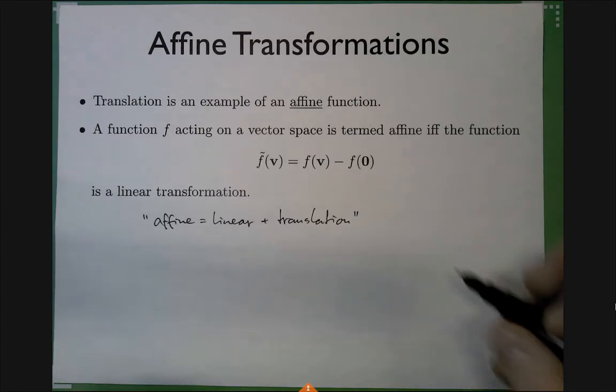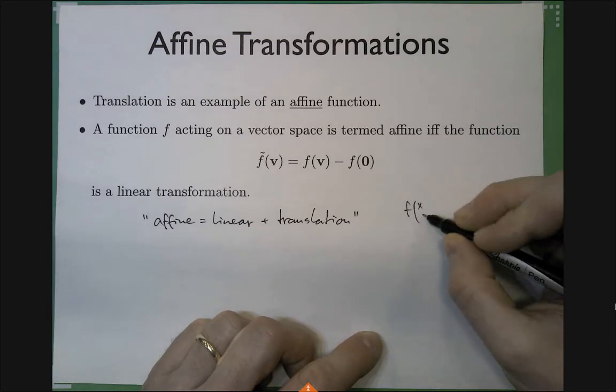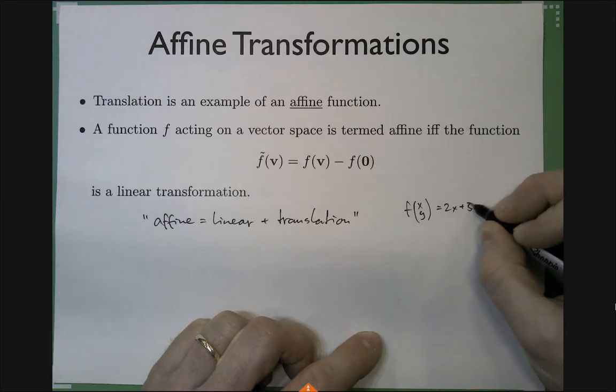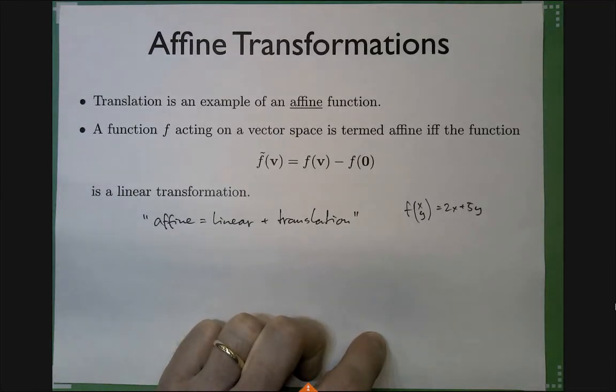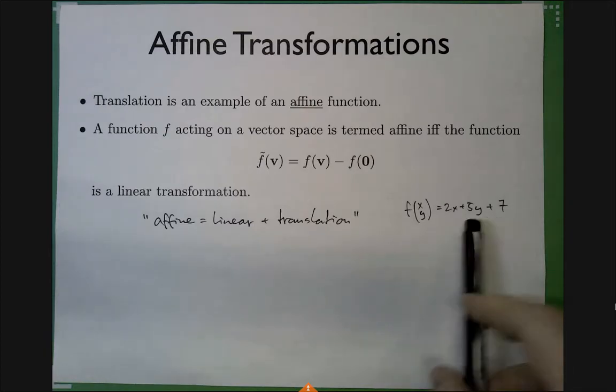So if I were to do a 2D example, f(x,y) being 2x plus 5y would be an example of a linear transformation. If I put there plus 7, that would be an example of an affine transformation from R2 to R1.